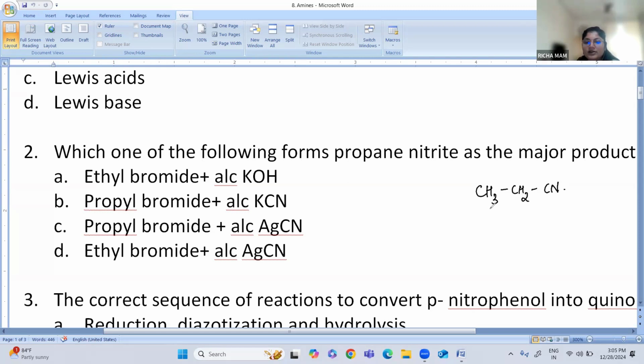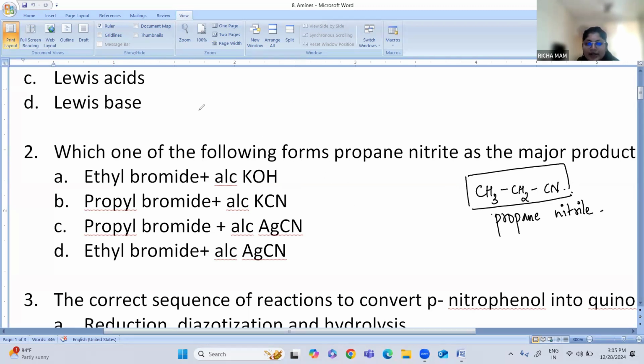By which reaction can you get this product? There is one preparation from where you can get propane nitrile.